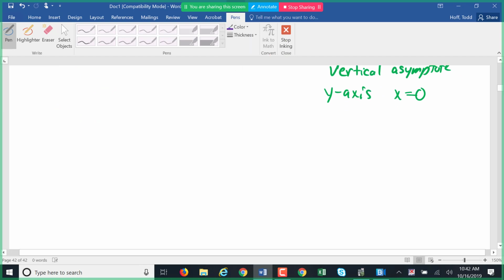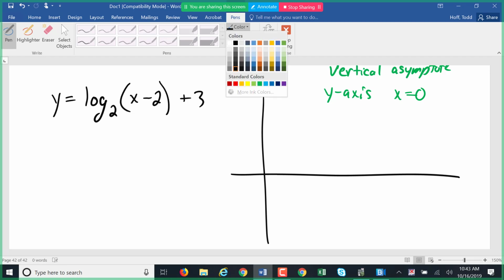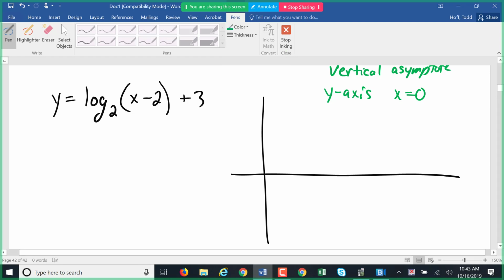So I might have y equals log base 2 of x minus 2, and then plus 3. What's that going to do to our graph? Well, first of all, our vertical asymptote's not going to be at x equals 0 anymore. It's going to be at x equals 2.